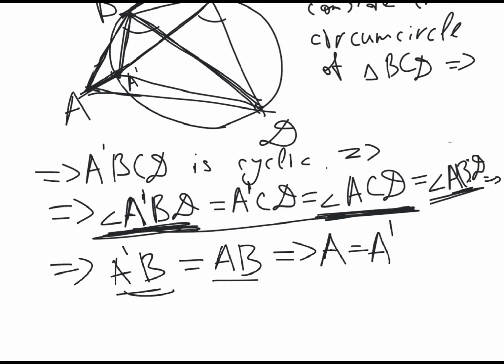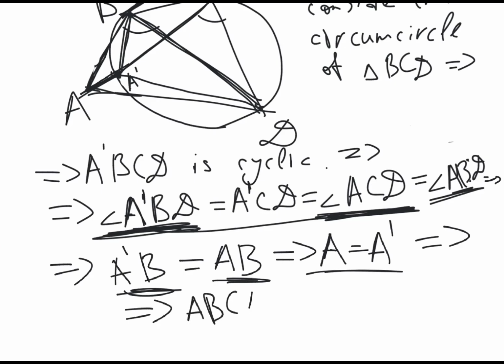Since this is the same line, this is the same point, and from this we get that ABCD is cyclic, which concludes the proof.